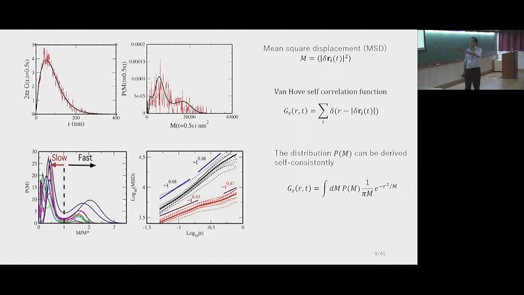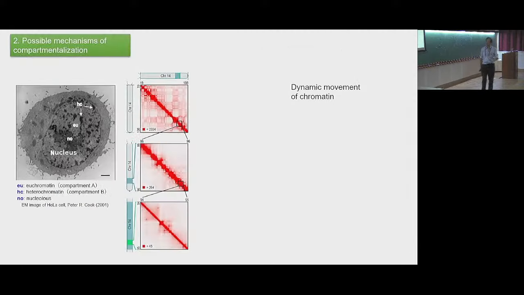But the strong laser emission will damage the cells, so we here plotted only the short time, around 1 second data. But anyway, with the emphasis on the dynamic movement of chromatin, this compartmentalization, compartment formation could be phase separation.